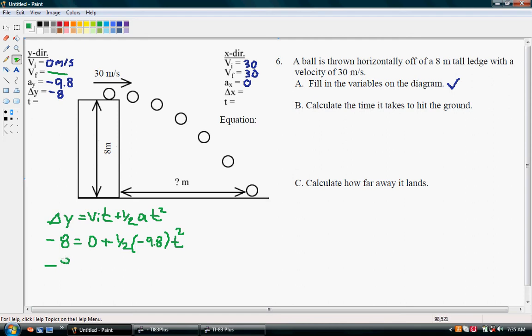So then we have negative 8 equals negative 4.9 t squared. Now, since this negative 4.9 is being multiplied to t squared, we have to divide it to get it off of this side. So we're going to divide both sides by negative 4.9.